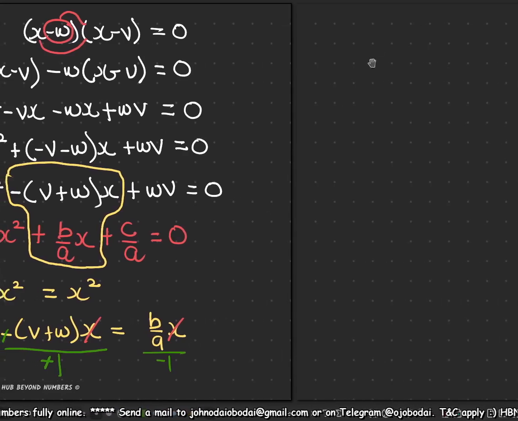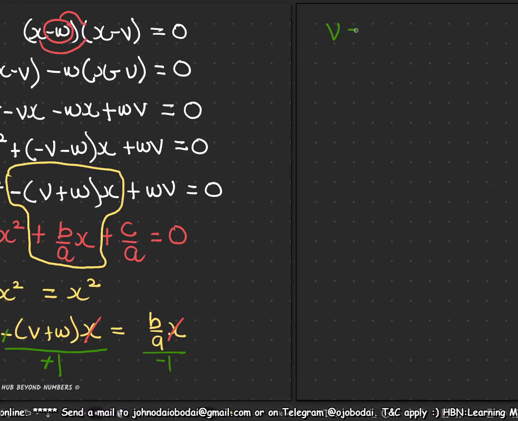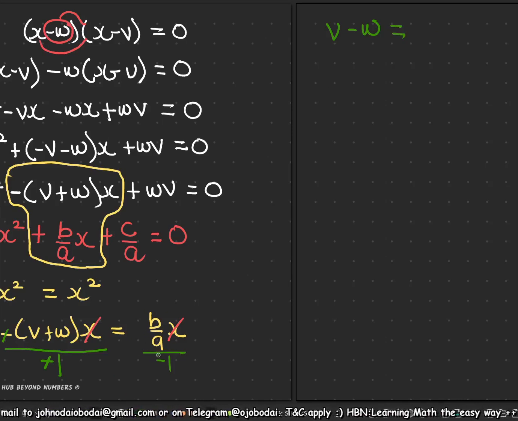We would be left with what? Our v plus w being equal to negative b over a. When we divide by negative, it affects this whole thing. And this is what they ask us to solve for.